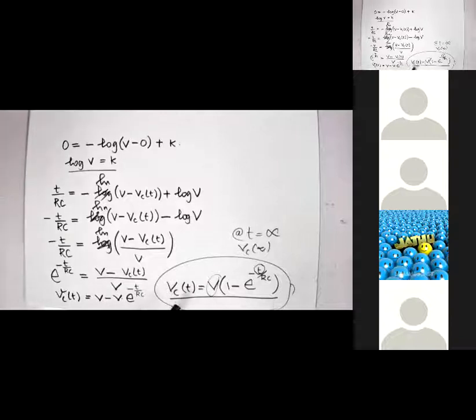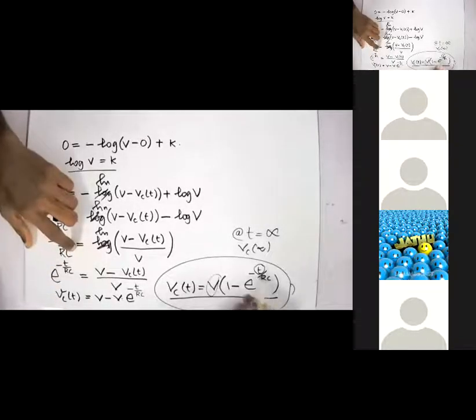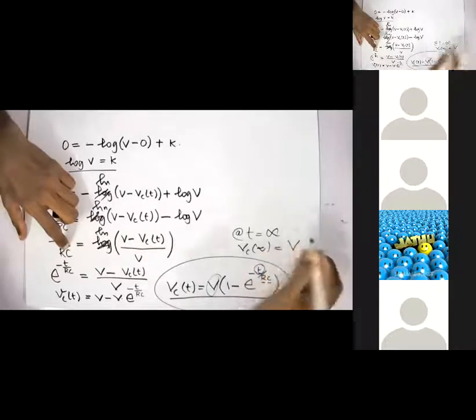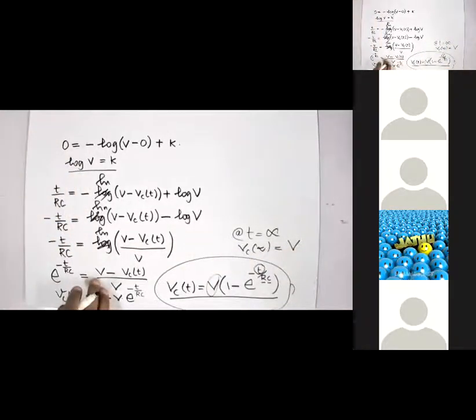So Vc of infinity equals 1 minus whatever the value of t and R and C, because at infinity this will be 0. So 1 minus 0 will be 1, and that is equal to the supply voltage V, right?